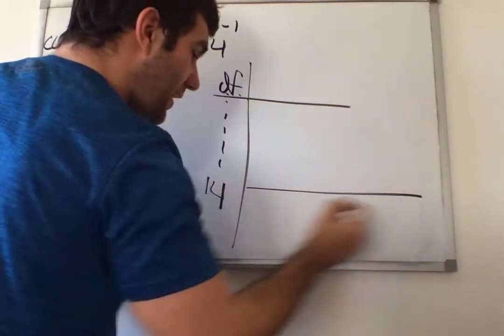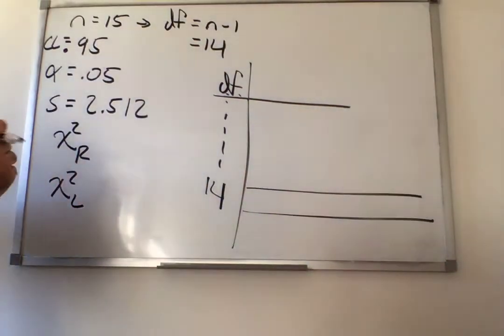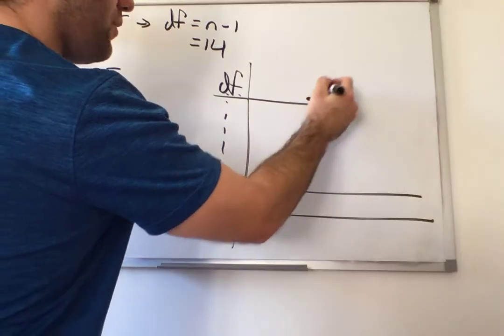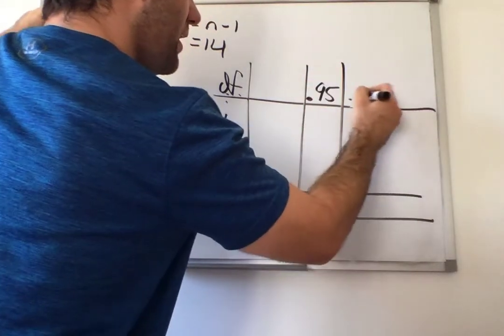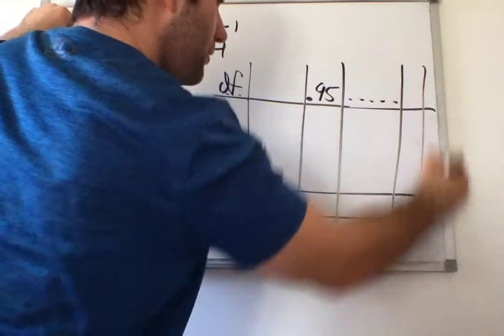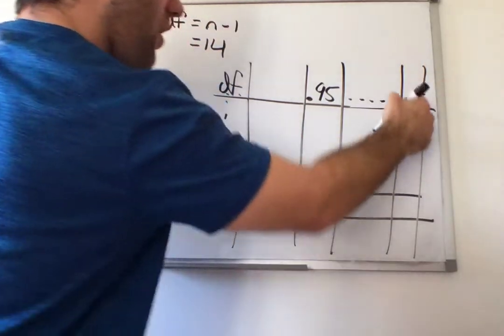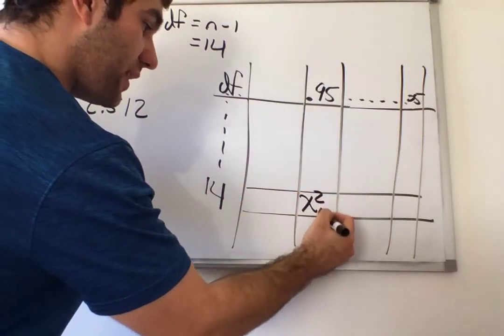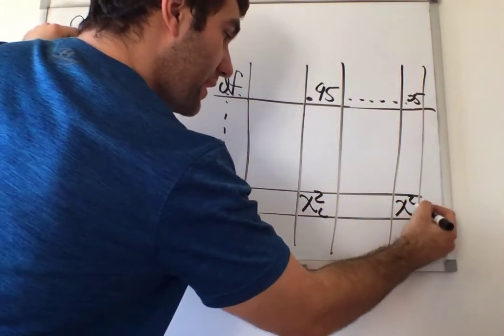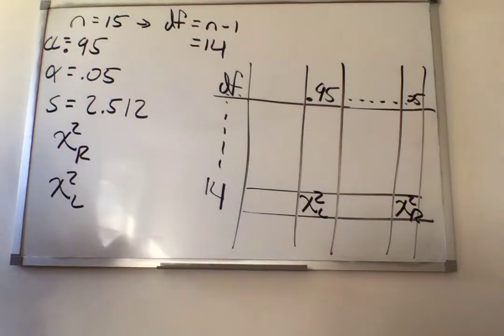And then we're going to look in that row for our confidence level, 0.95. And then somewhere down the line, there's going to be 0.05, our alpha value. This is going to be the chi-squared left value. This is going to be the chi-squared right value.